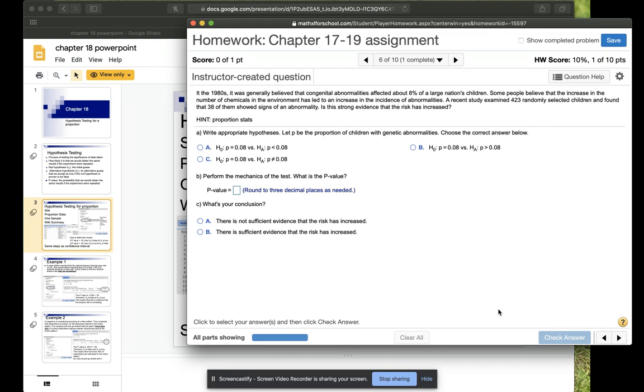Number 6. In the 1980s, it was generally believed that congenital abnormalities affected about 8% of a large nation's children. Some believe that the increase in the number of chemicals in the environment has led to an increase in the incidence of abnormalities.